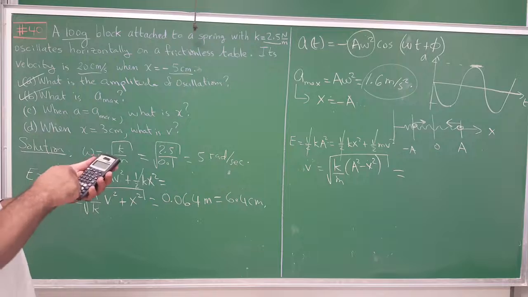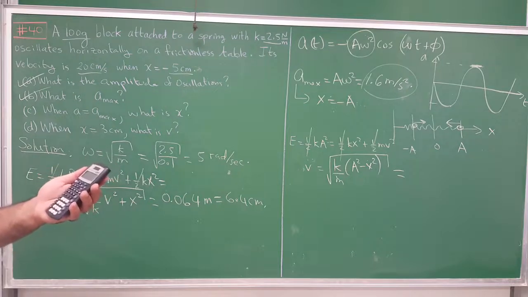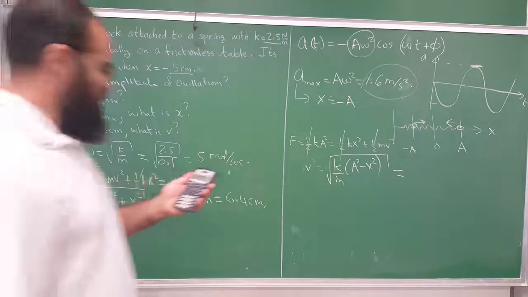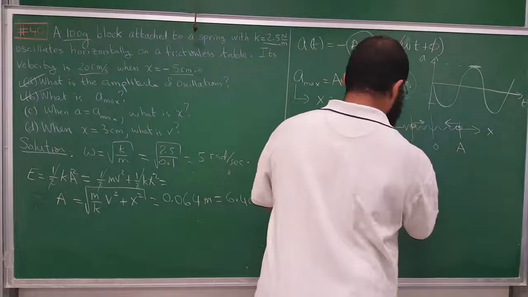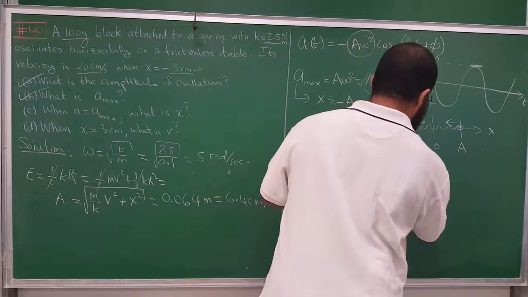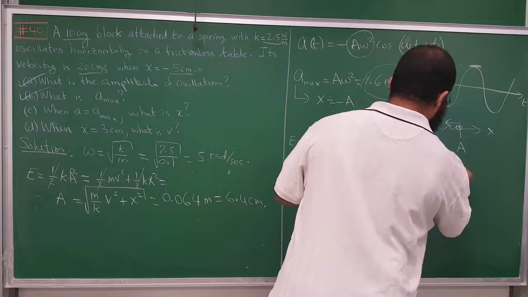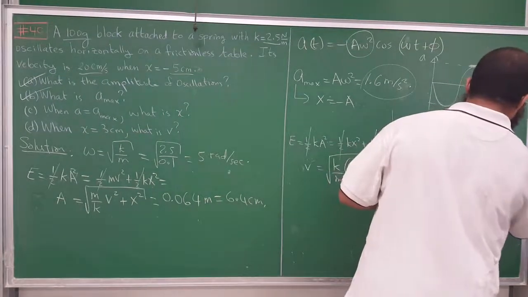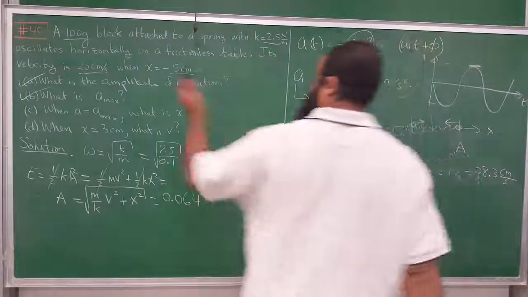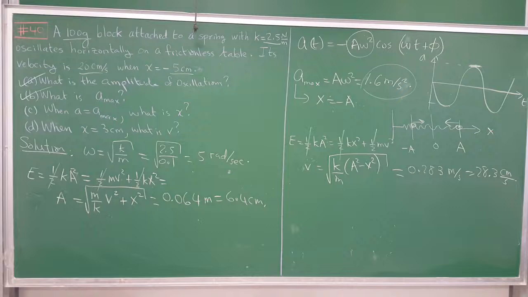And so that's that. Take the square root to get the v. I get 0.283 meters per second, which is 28.3 centimeters per second, since they're working with centimeters in this problem. It's safer to just go to meters, and then you can always change back to centimeters.